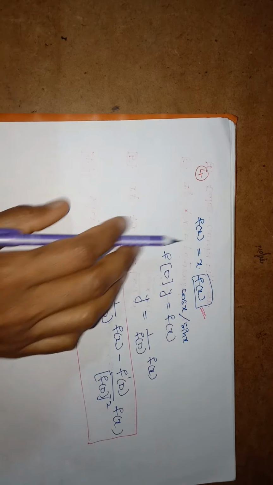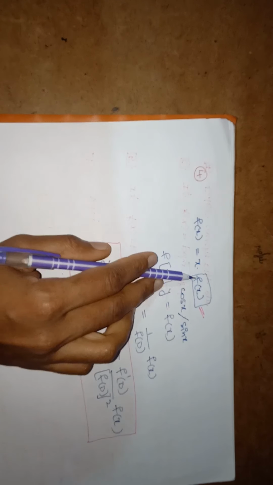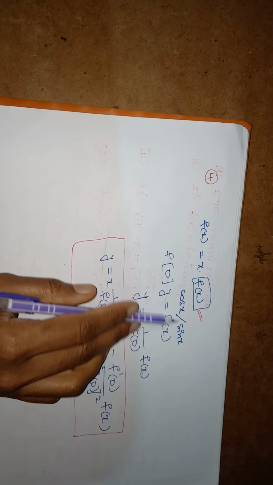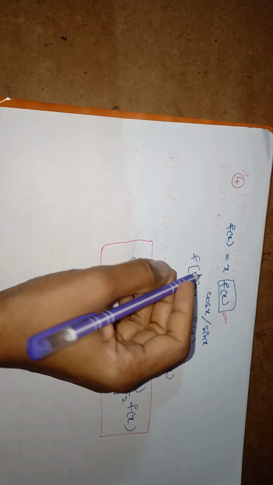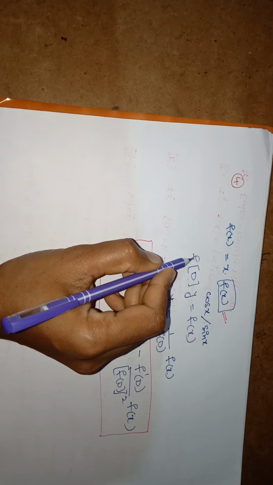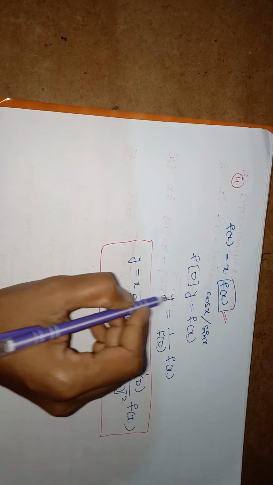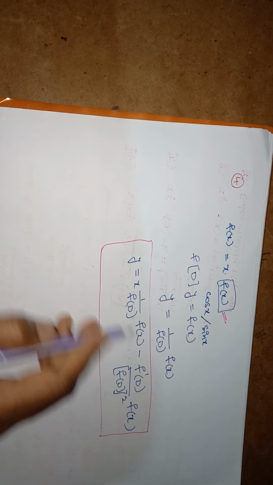The 4th one: if f(x) is equal to x into f(x), where this f(x) is cos x or sin x, we have the equation of the form f(D) y = f(x). Then you just take y equals 1 by f(D) into f(x).